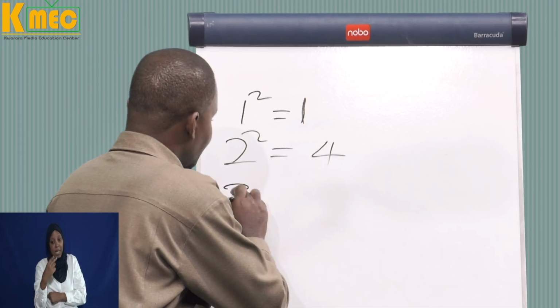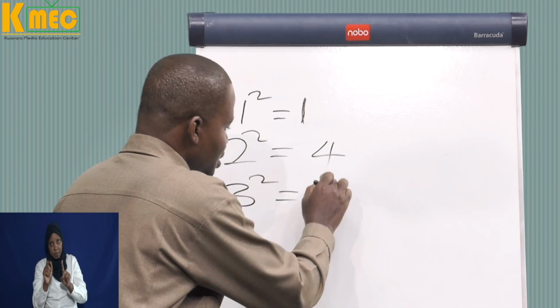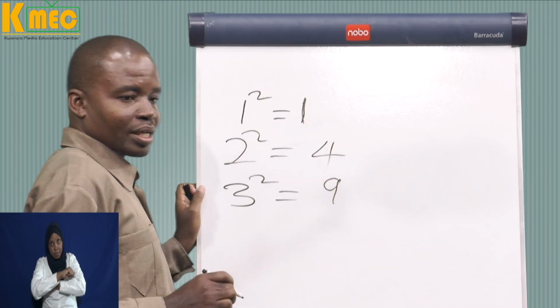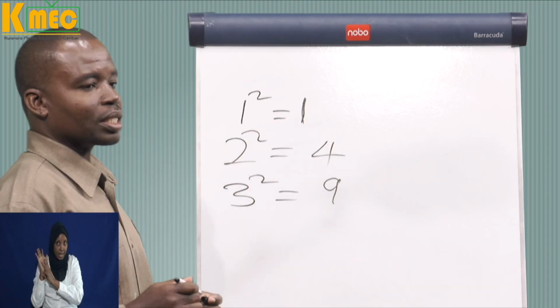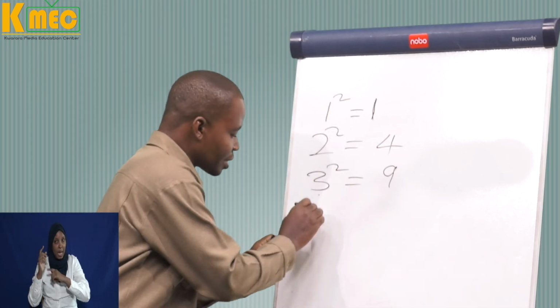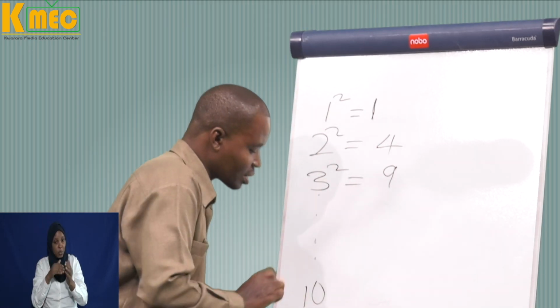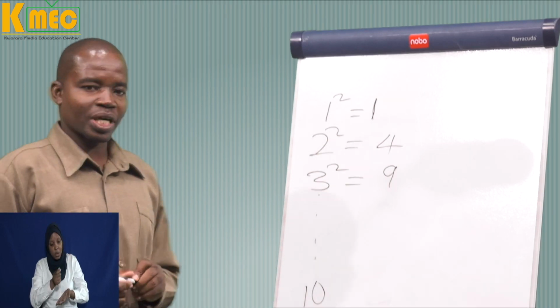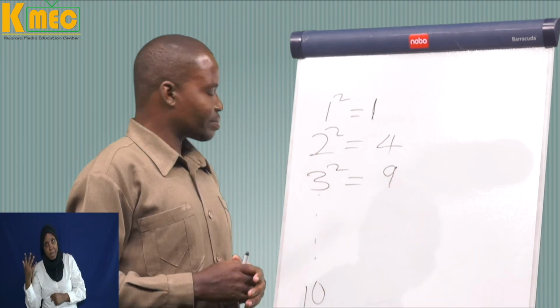Then 3 squared is equal to 9. So can you continue up to 10? You can continue yourself up to 10 to write the square of numbers.